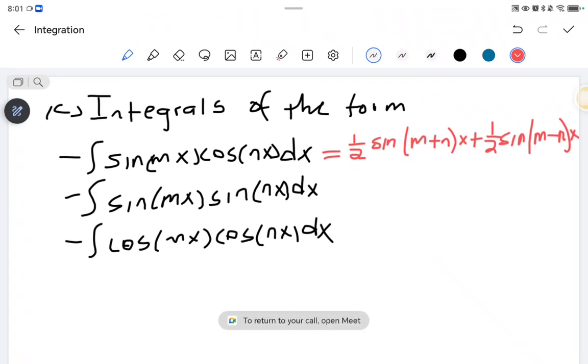We'll be using these properties of the integrals of this format. When we are working with sine mx cos nx, this is the type of integral we'll be focusing on. I hope we see it right.